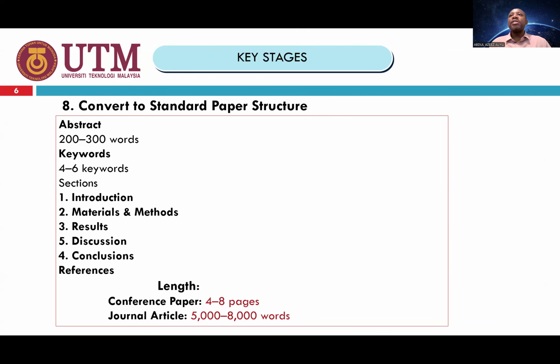And there are sections of introduction, materials and methods, results, discussions, conclusions, then references. Results and discussion sections sometimes are merged together as one section. Then the length of a conference paper ranges between 4 to 8 pages, while that of a journal paper normally ranges between 5,000 to 8,000 words.